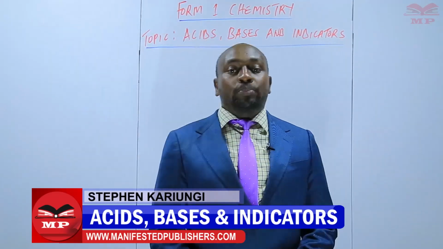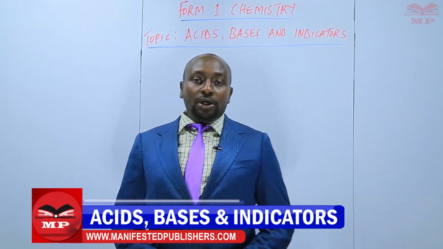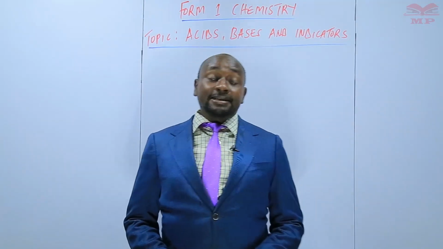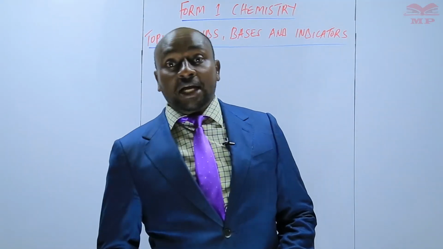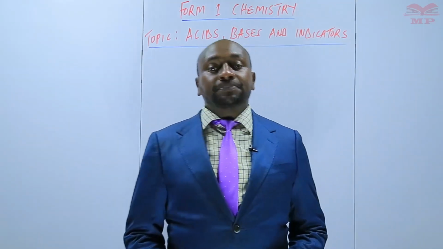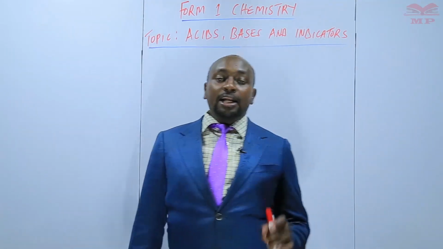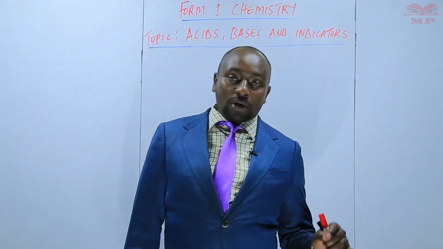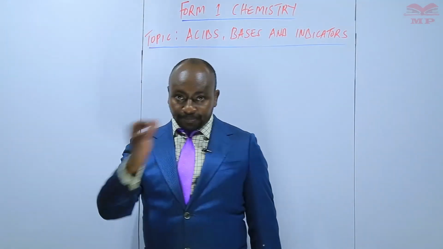We are discussing the topic acids, bases and indicators, a topic in Form 1 chemistry. At this stage we are discussing the properties of acids, and during our previous lesson we discussed one property: that when dilute acids react with metals we get a salt and hydrogen gas.